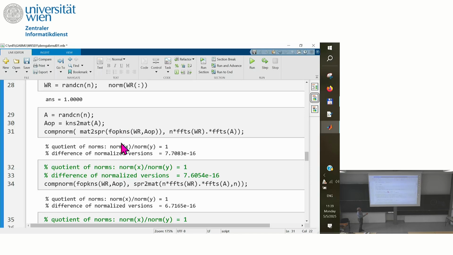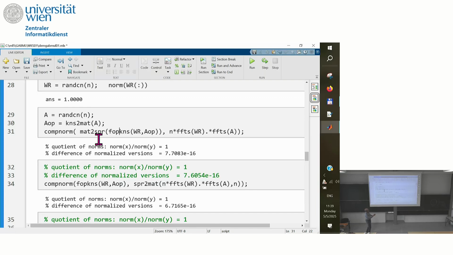Here, this convolution of operators with a symbol. I have to take a random signal now. But now I'm at the operator level. Now I'm looking at everything in the spreading representation. So I'm going from operators with mat2 spread to the spreading domain.